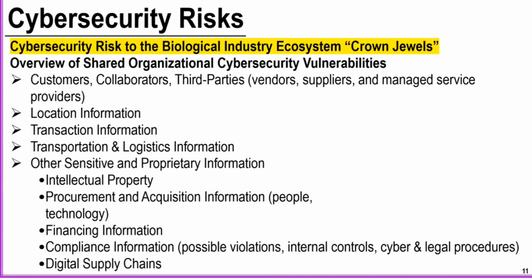However, the information provided about vendors, suppliers, service providers, location, transportation, logistics, proprietary information, technology, people, internal controls, financing, legal procedures, supply chains can attract the attention of the attackers and proliferators. Hence, in order to protect our organizations, we should be mindful about what is made available through our websites and marketing materials.